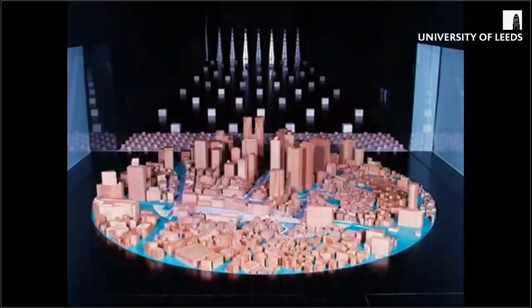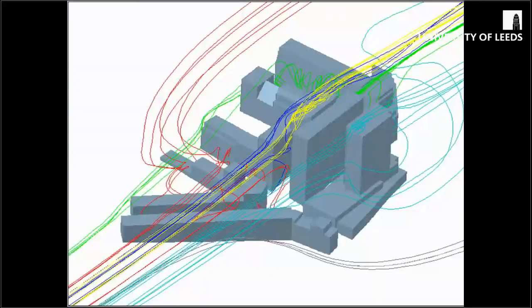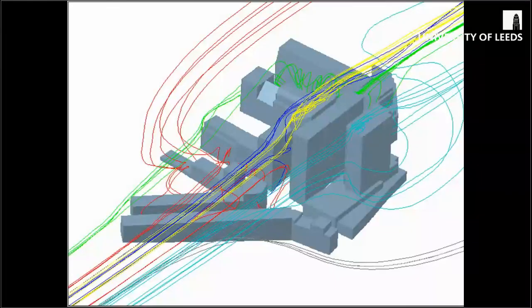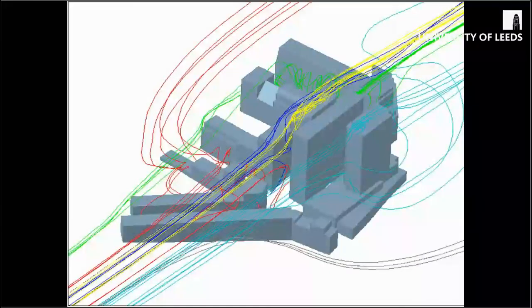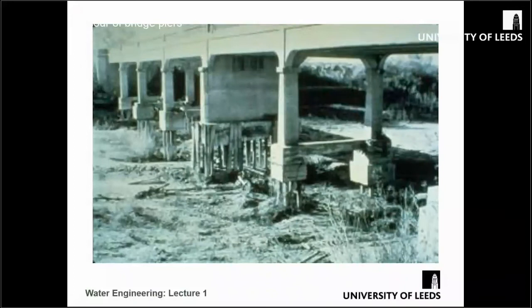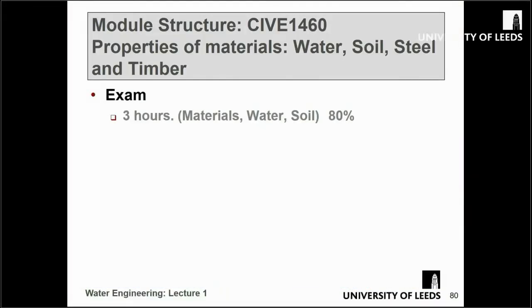You might look at airflow over buildings in a wind tunnel like this, or do some computer modelling. So looking at airflow around buildings in a computer is something you might do in the third and fourth year project. More buildings, or stadium. I'm going to skip over these, too much.